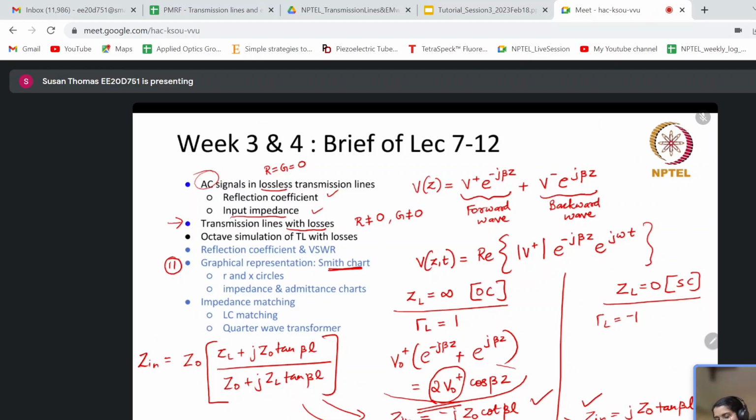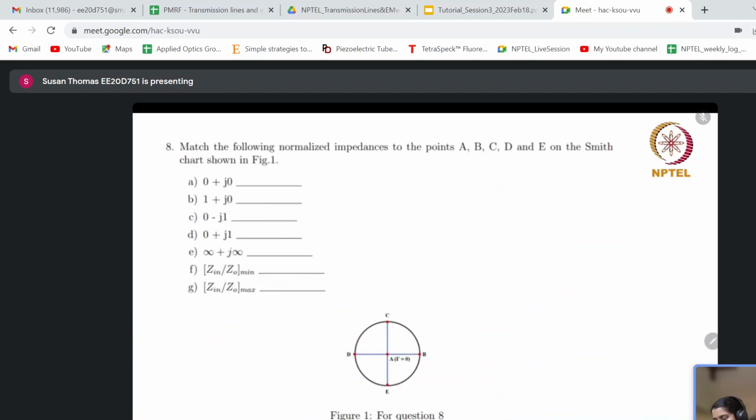In the Smith chart you have circles like this and also circles like this, where these are R circles and these are X circles.